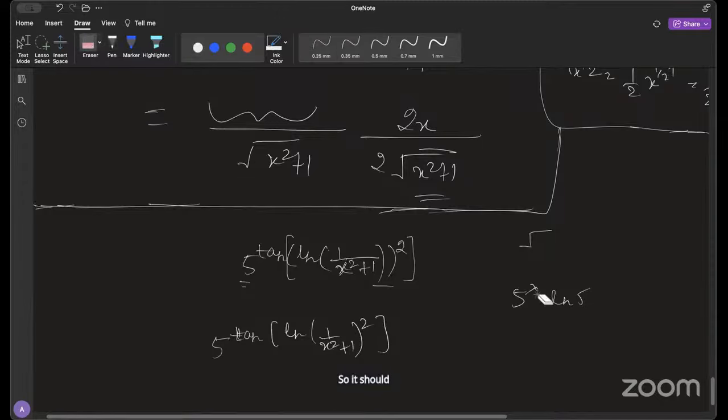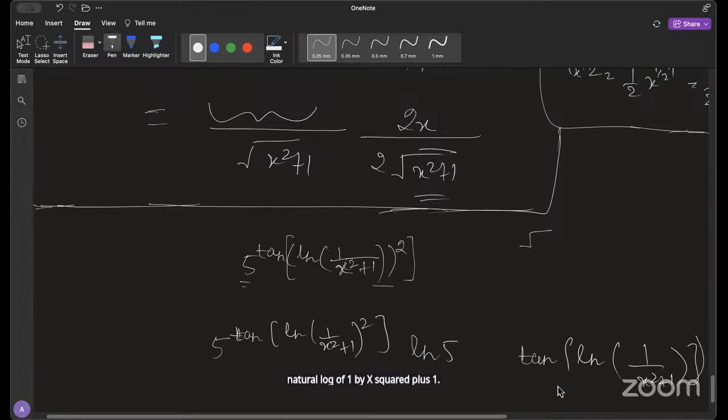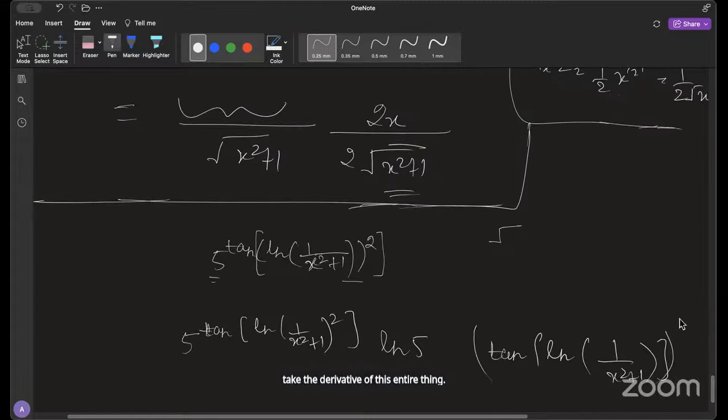So it should be 5 to the power whatever is given, and then natural log of 5, right? And then you take the derivative of this entire power, so it's tan natural log of 1 by x squared plus 1. Take the derivative of this entire thing.